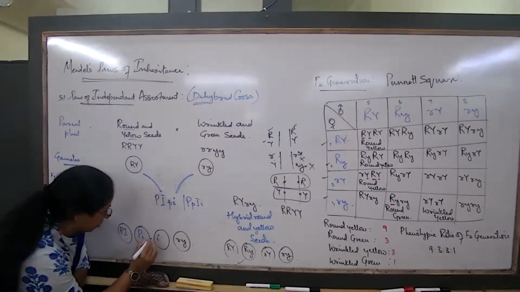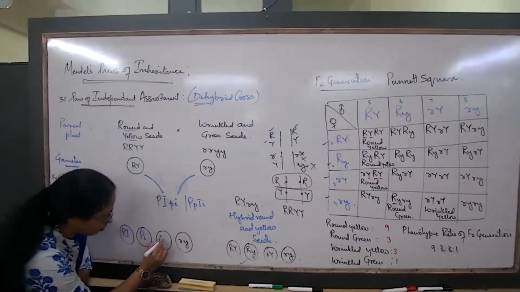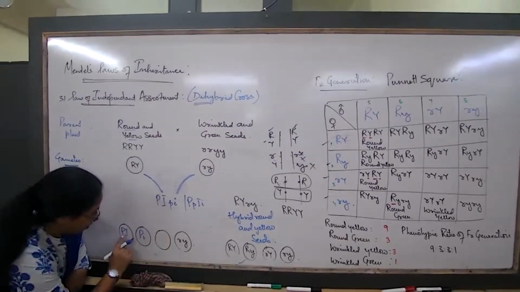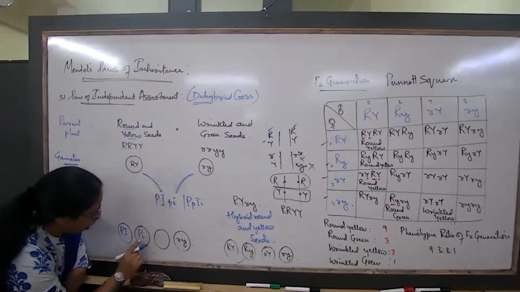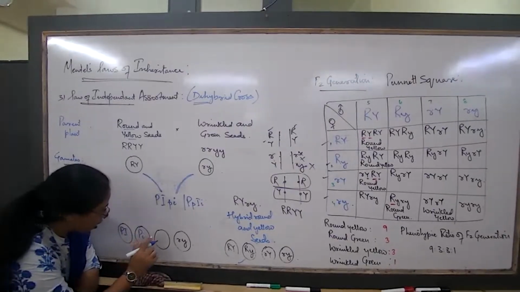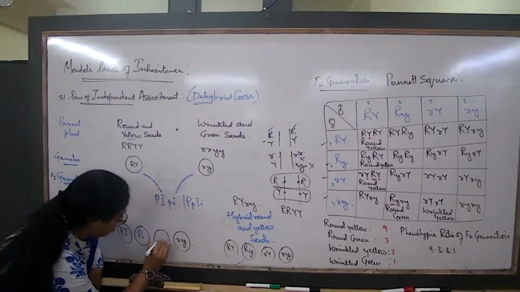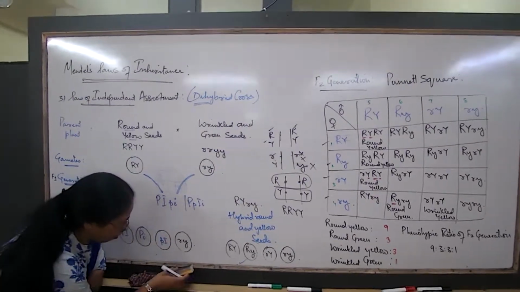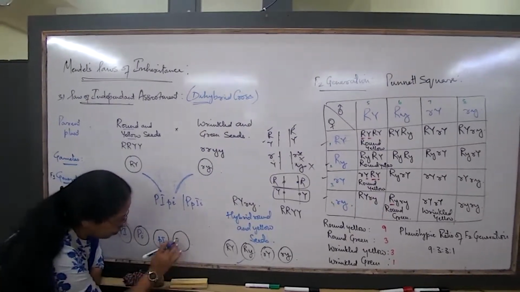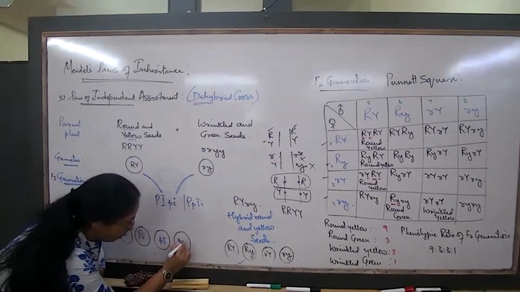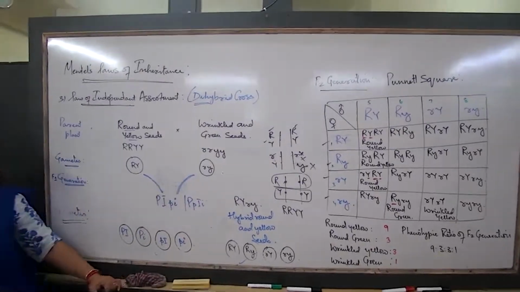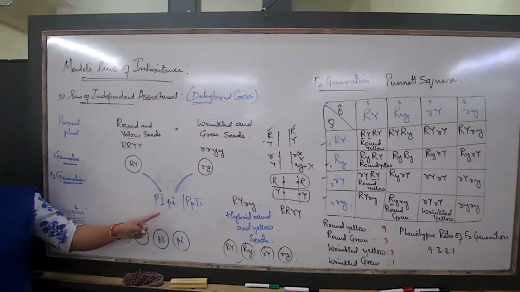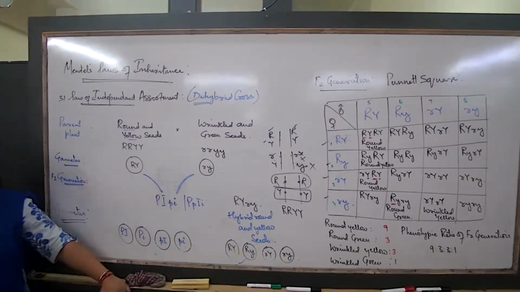Capital P, capital I, capital P, small I, then small p, capital I, small p, small I. Got this? 4 types of gametes मिला ये. So these are the 4 types of gametes from the F1 plant that you will get.